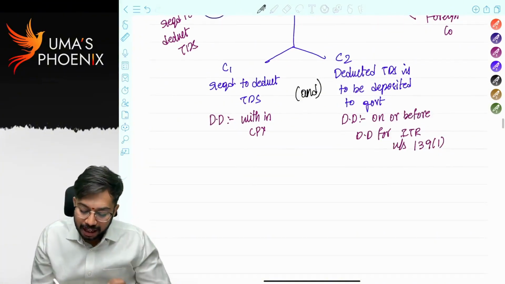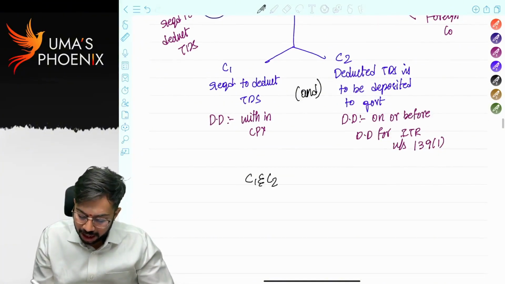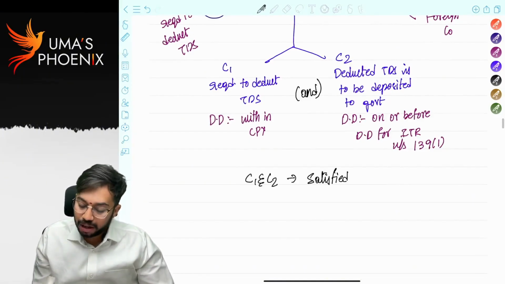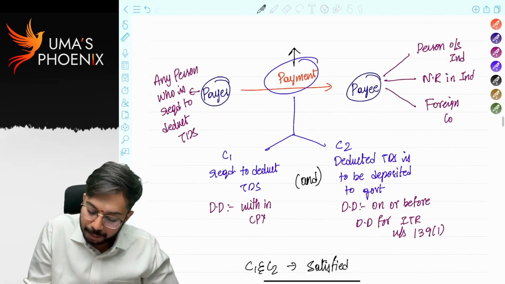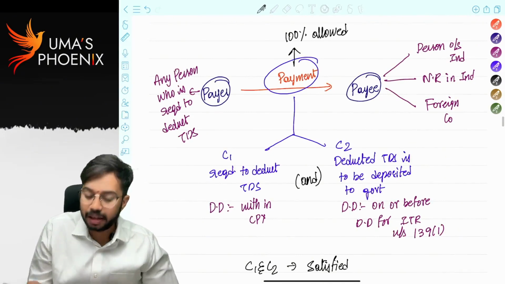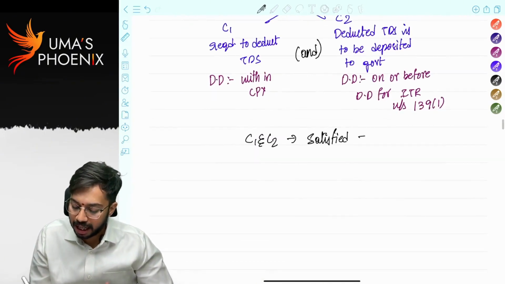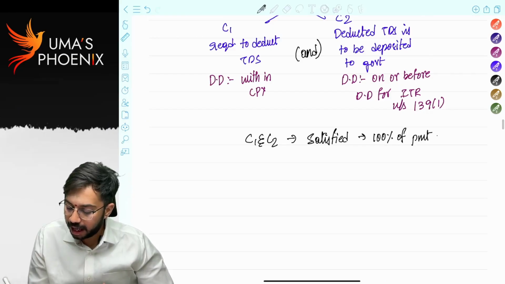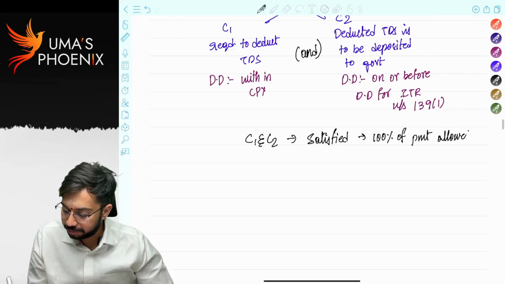If both these conditions, C1 and C2, are satisfied, then whatever the payment is, it is 100% allowed as deduction to the payer. Is it clear?